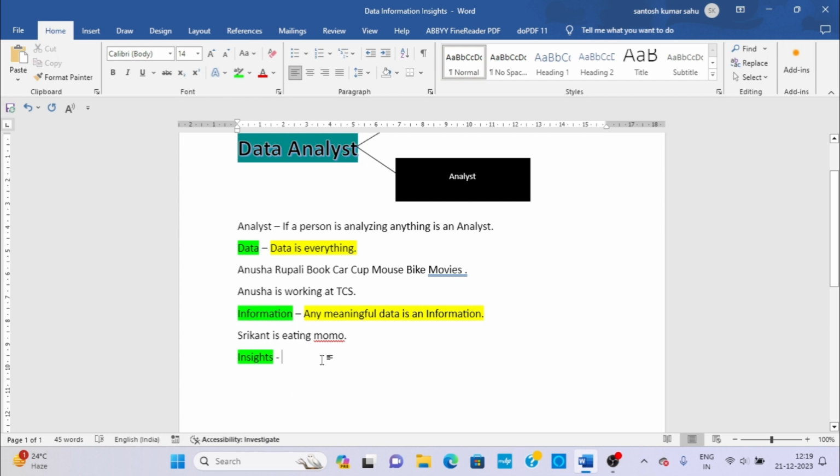Simply, insights means any meaningful information is an insight.